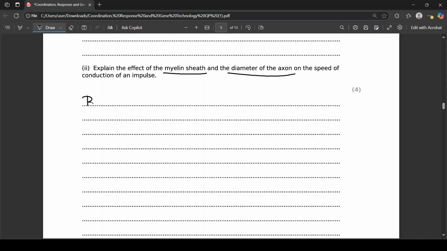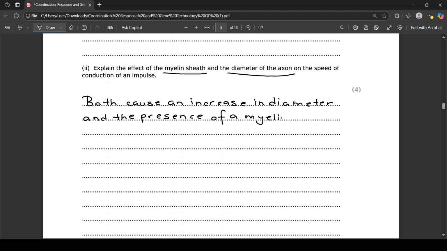So we can write that both an increase in diameter and the presence of a myelin sheath increase speed of transmission, right?